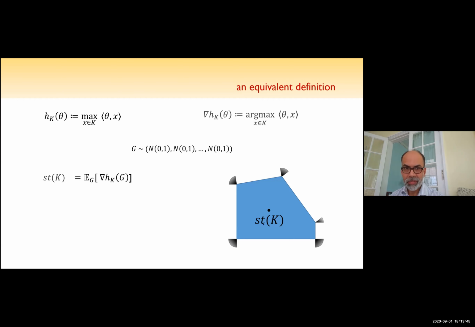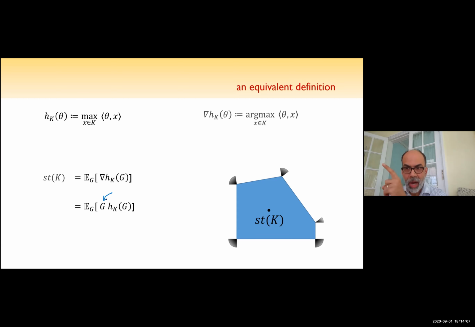That's the Steiner point. Okay, good. And now I'm going to claim that it's equal to this other object. Okay, what is this other object? Let me unpackage this for you. This is a vector.